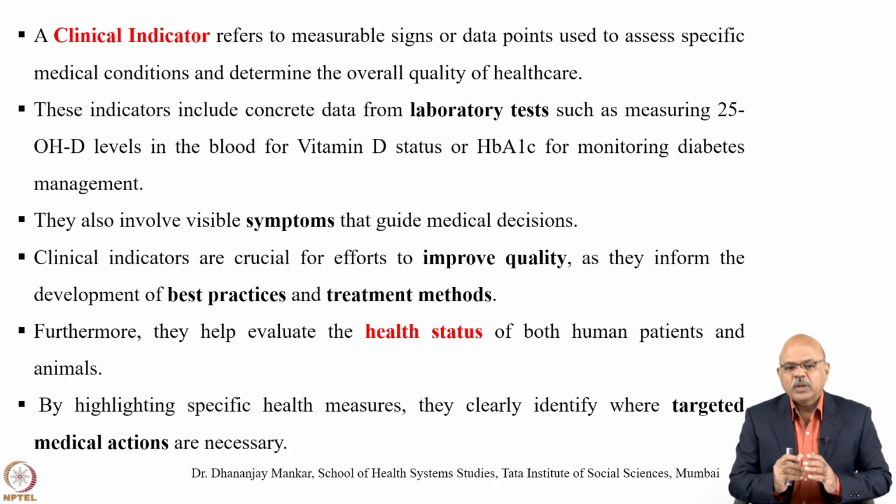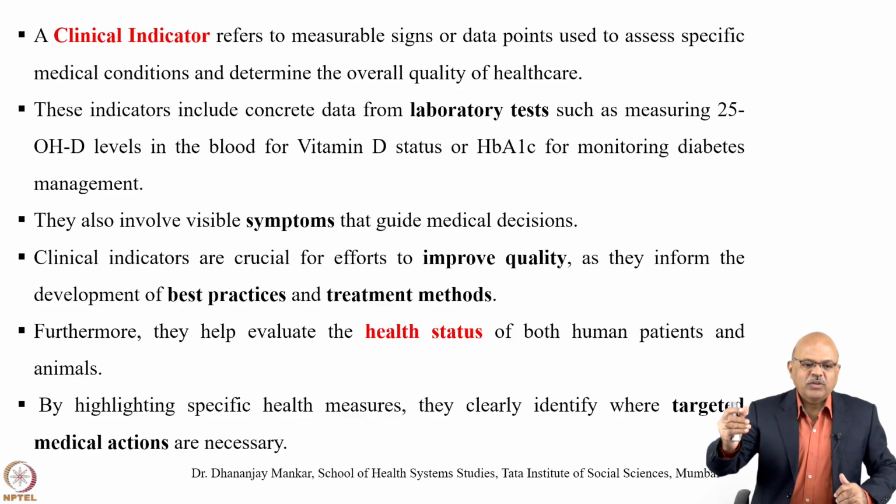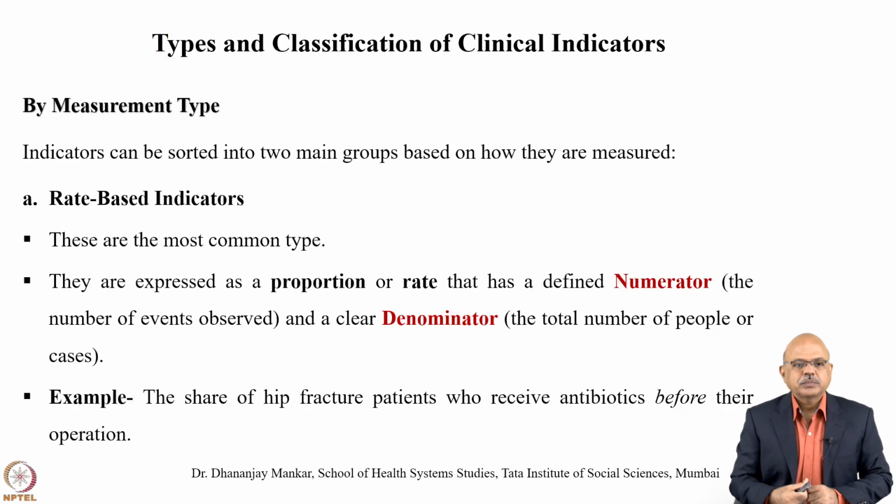Furthermore, they help evaluate the health status of both human patients and animals. By highlighting specific health measures, they clearly identify where targeted medical actions are necessary, which is one way to show that improvement is mostly done with the help of clinical indicators.